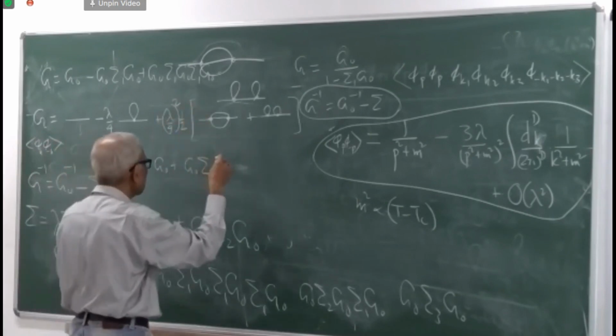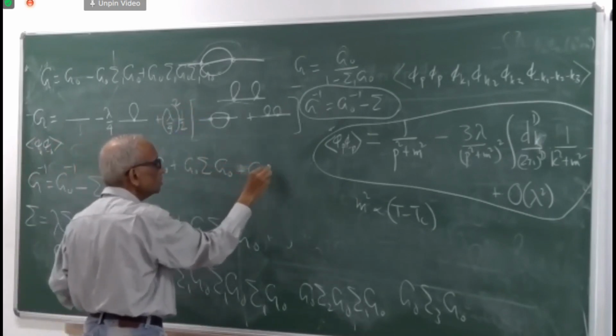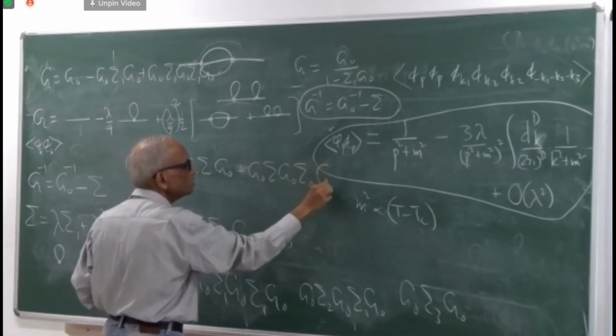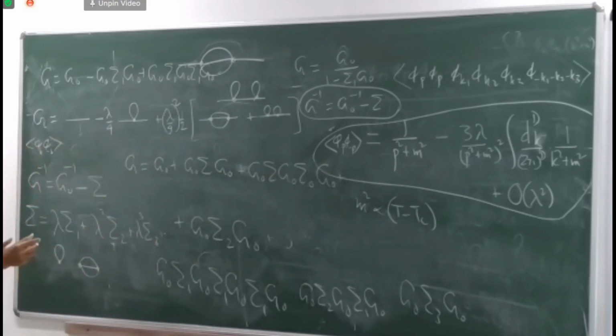What you have summed is G0 plus G0 sigma G0 plus G0 sigma G0 sigma G0, and so on. That is what you have summed to write G inverse is equal to G0 inverse minus sigma.